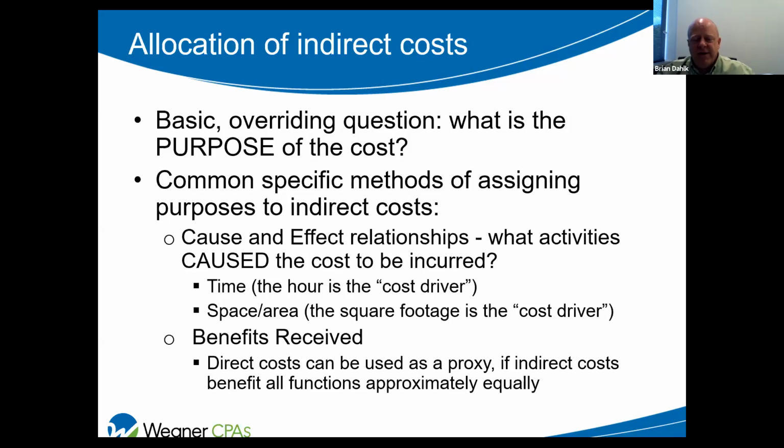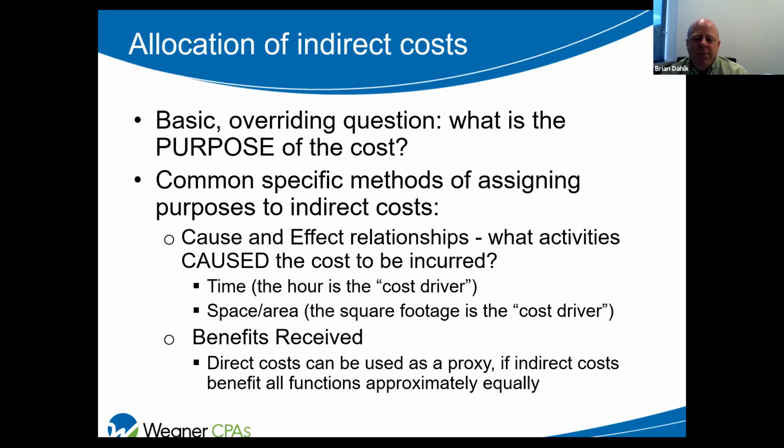If you can think about that, that's really getting you to the answer of how those costs, indirect costs, should be allocated among the different functions. And having said that, the most common universal method to allocate indirect costs to specific functions is the time relationship.